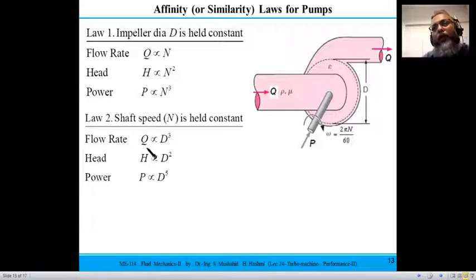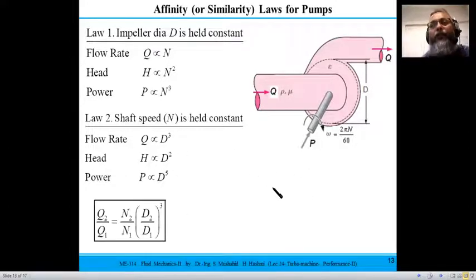So there is a non-linear relation. Similarly, head would be directly proportional to the square of the diameter, and power requirement would be proportional to the fifth power of the diameter.